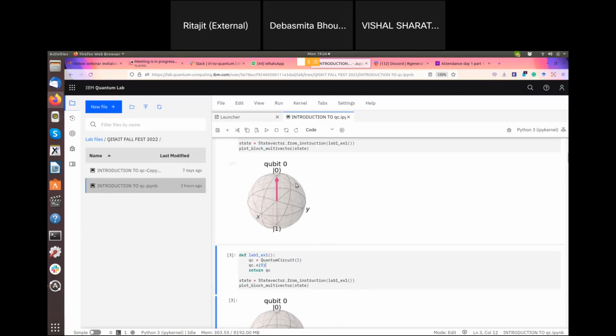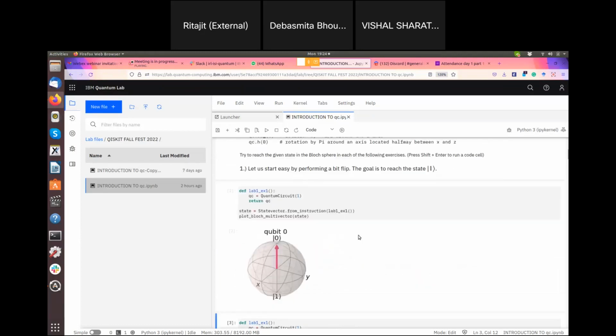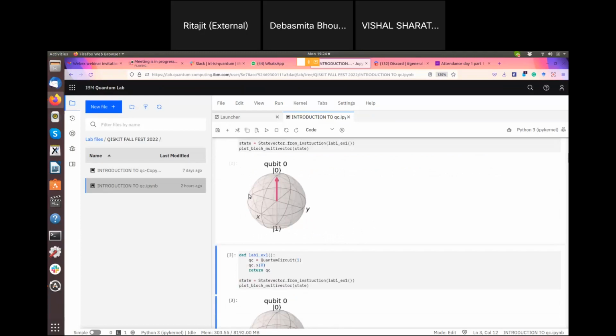Is my mouse pointer visible? Yes, it is visible. Okay. So this is the X axis, and you basically rotate pi or 180 degrees, and you get the bit flip or X gate. The Y gate is basically rotation by pi around the Y axis. Now this is your Y axis.